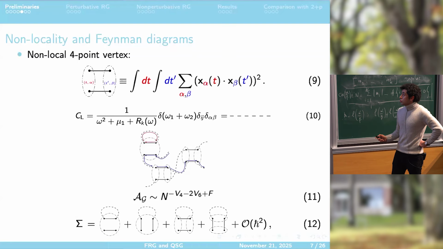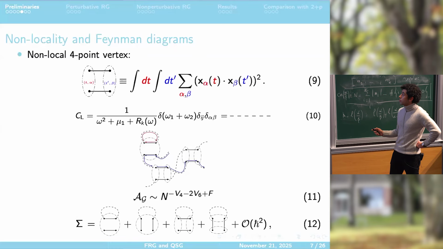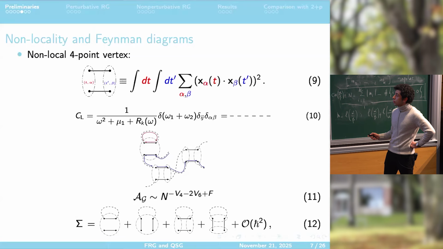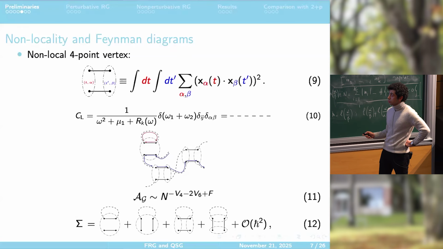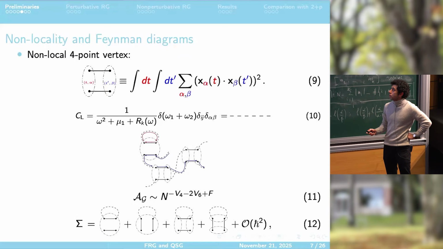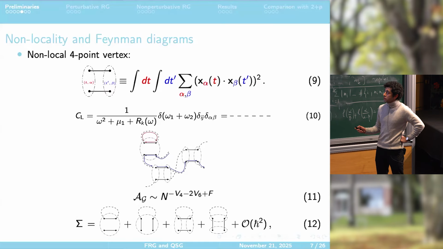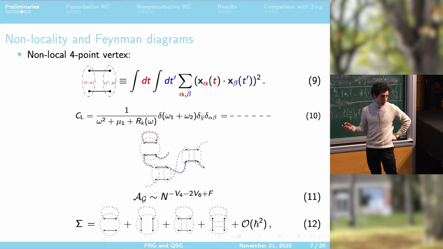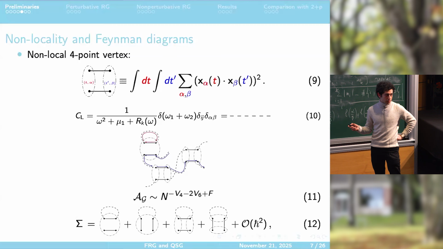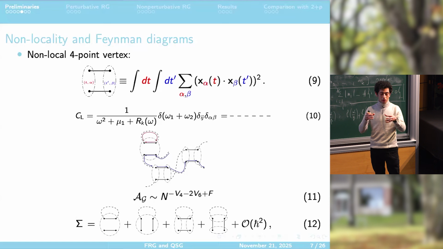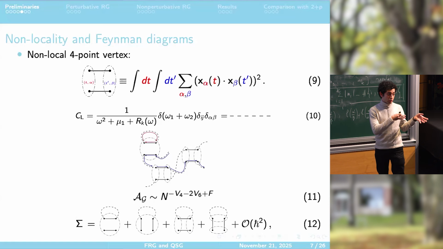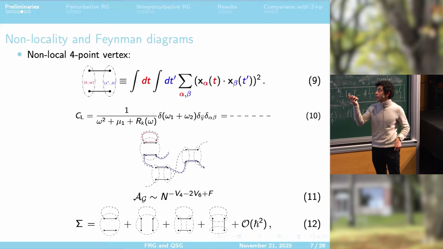And then we need to introduce our bare propagator. Our bare propagator is given by 1 over omega squared plus mu, for x alpha and x beta, so some set of vectors. X is basically an n-dimensional vector, and alpha is the replica index, so it says which vector from which replica. From replica alpha, we have this vector x at the time t.